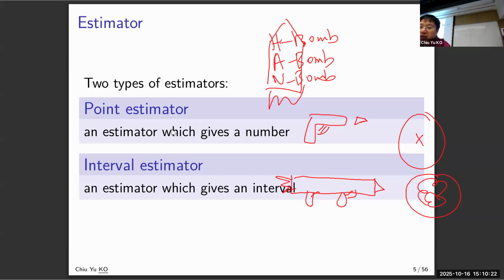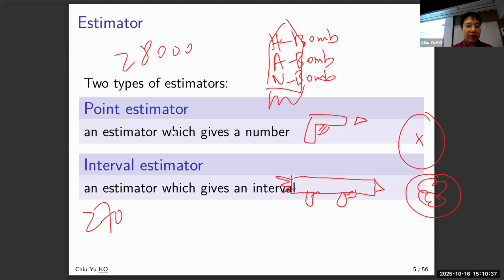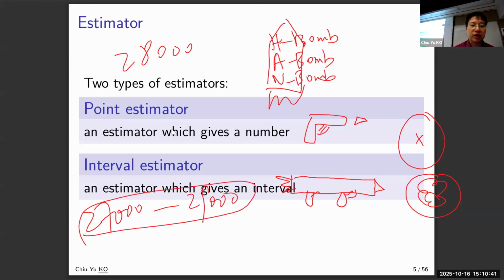That is a point estimator, if they tell you an exact number. And if they say, no, it will be 27,000 to 29,000, giving you a range, it's called an interval estimator. So it's giving an interval, not giving a precise answer.